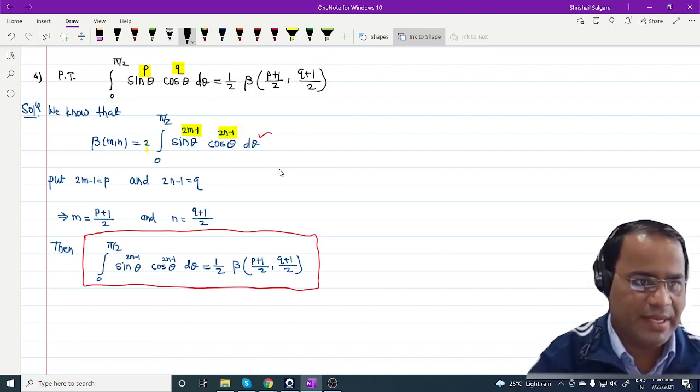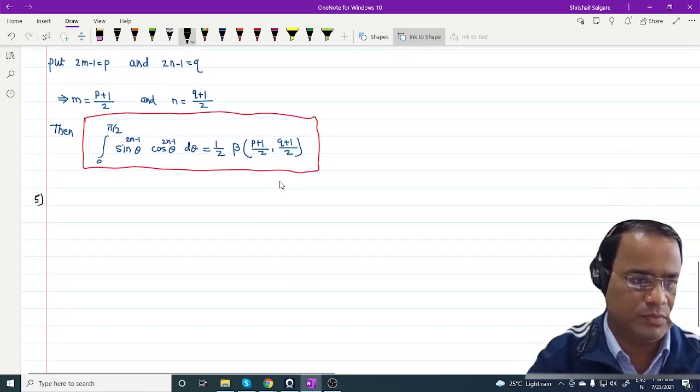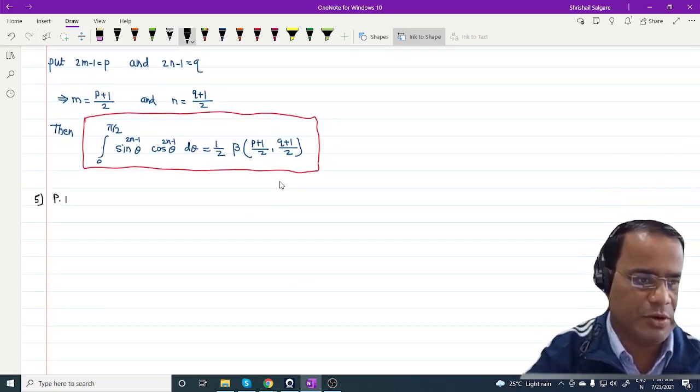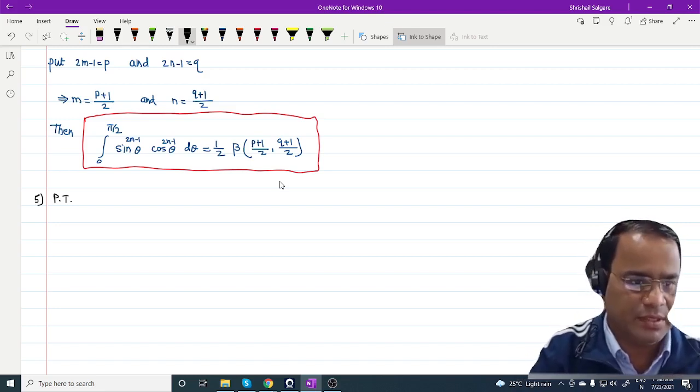Now the same integral we will write in terms of the gamma function. That means integral 0 to pi by 2 sine theta raised to p, cos theta raised to q, d theta. Now this proof I will not write, because simply you have to use the relation between beta and gamma function.